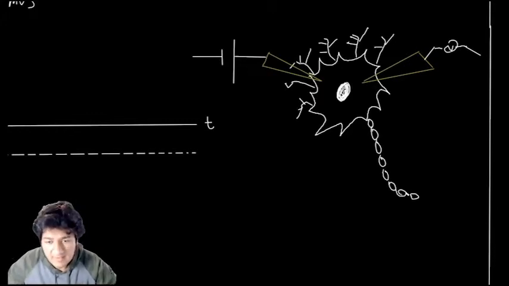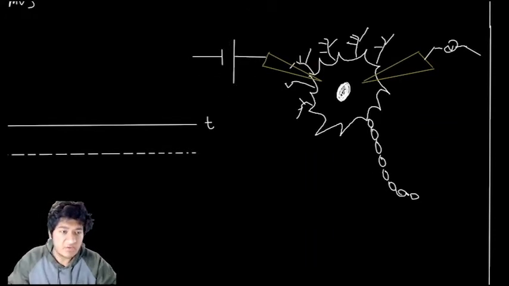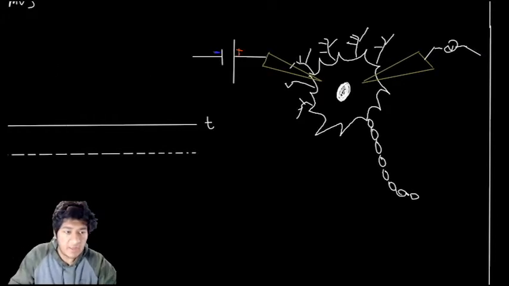So in this case, notice how there is a difference in size between this part and this part of the battery. The bigger part of the battery will always represent the positive side, while the smaller bar will always represent the negative side. In this way, we could have two configurations.